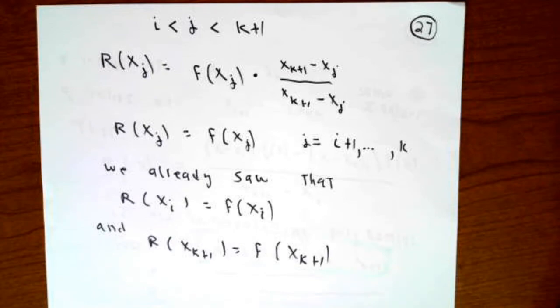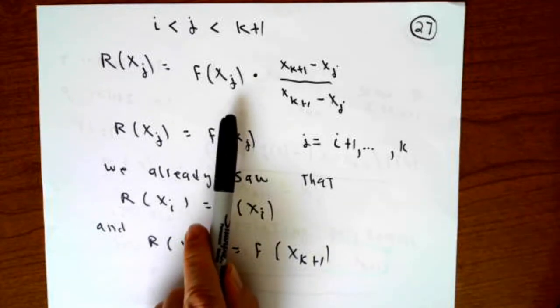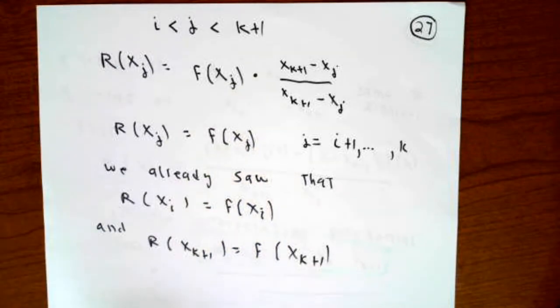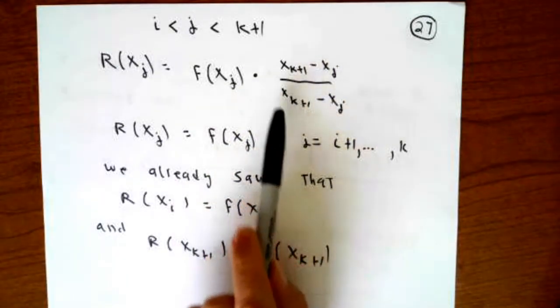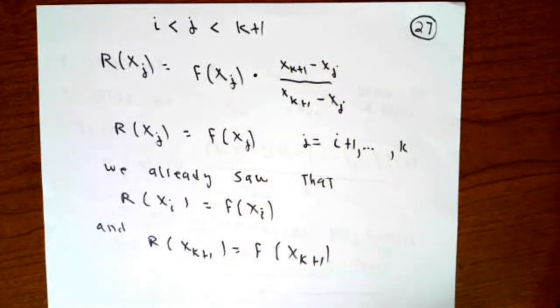So for the indicated range of indexes, R evaluated at x_j is f evaluated at x_j times something divided by itself, which is 1. I know that the denominator isn't 0 because the x are distinct.